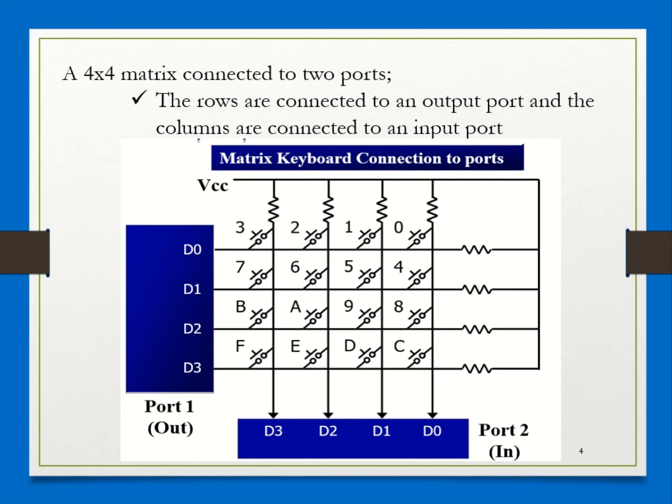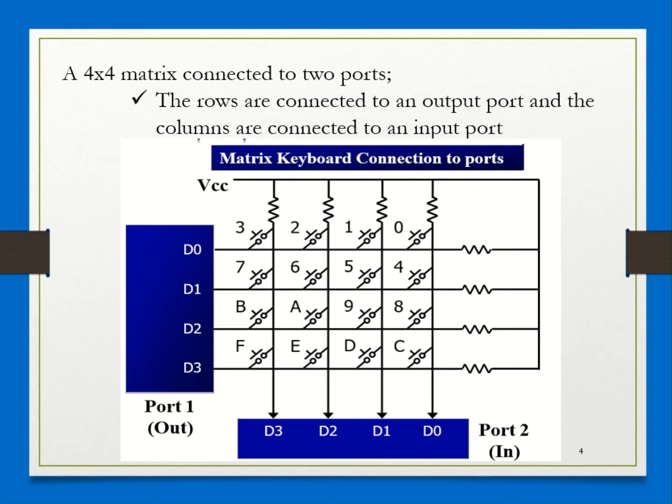Now identify here, this is the simplest 4x4 matrix. Okay, the rows are connected to the output port and the columns are connected to the input port. Identify there the row 0 or D0 has the keys 0, 1, 2 and 3. Okay, so row 1 or D1 has keys 4, 5, 6, 7.